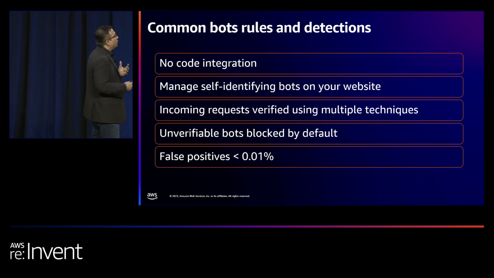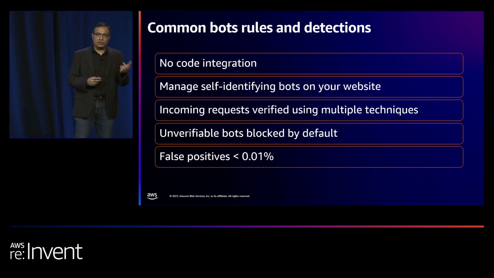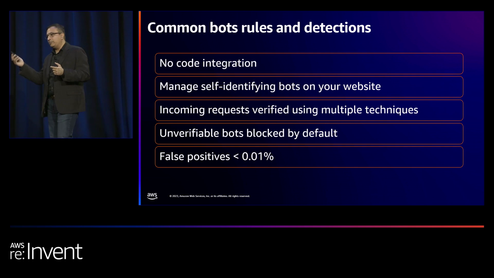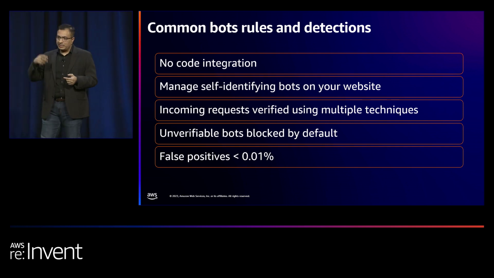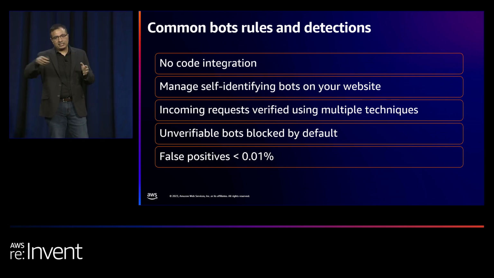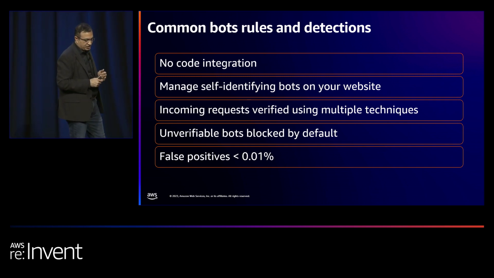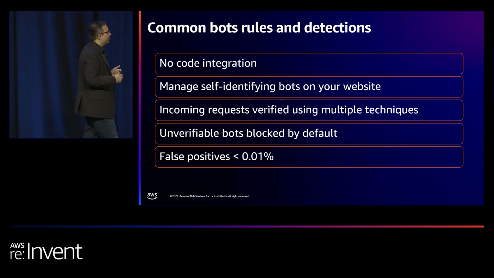Like I said, we use multiple techniques. We use signals and intelligence that we have generated over the years to detect and classify those bots, as well as we use techniques such as looking up the published IP ranges, reverse DNS information. So all of that is kind of packaged into the rule group. There is no extra configuration required for us to verify the bots.